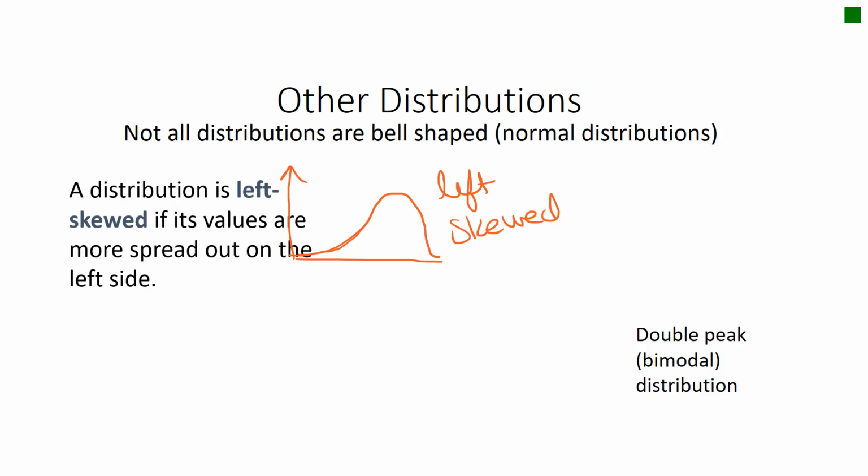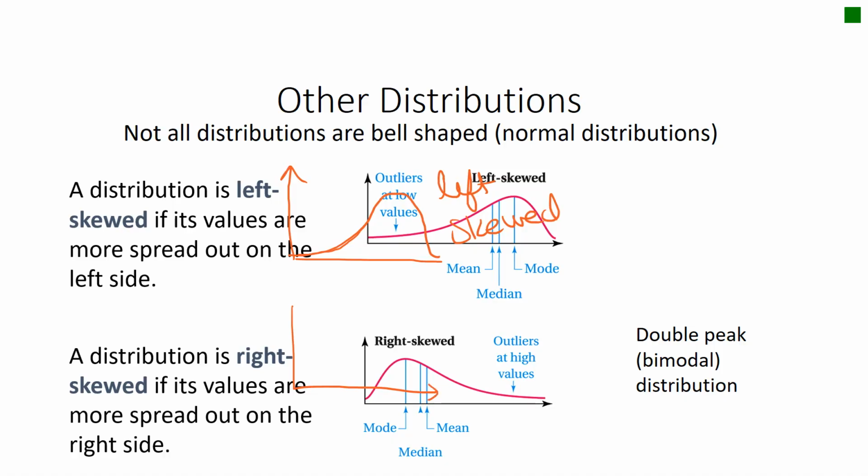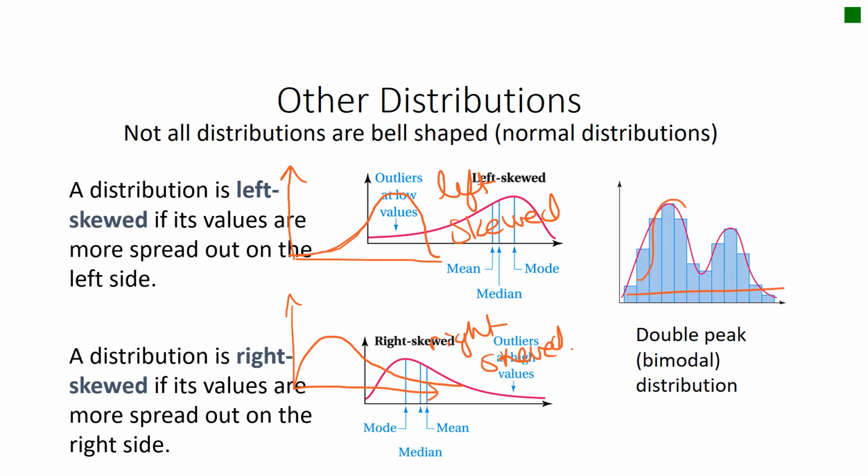You wouldn't use any z-scores for that because it's not a bell-shaped normal distribution. And this is right skewed, if it thins out to the right. Then you will see a picture of a double peak, a bimodal distribution, where it has two peaks. Those are some other types of distribution shapes, which have their own methods of calculating percentages.